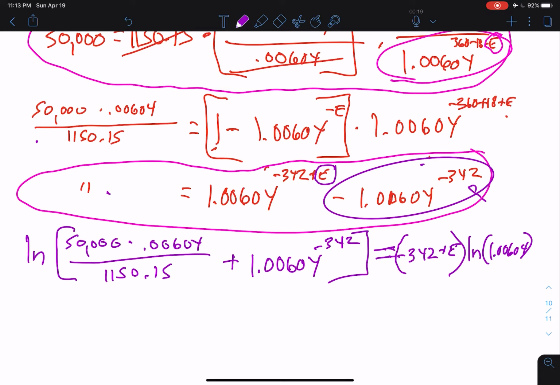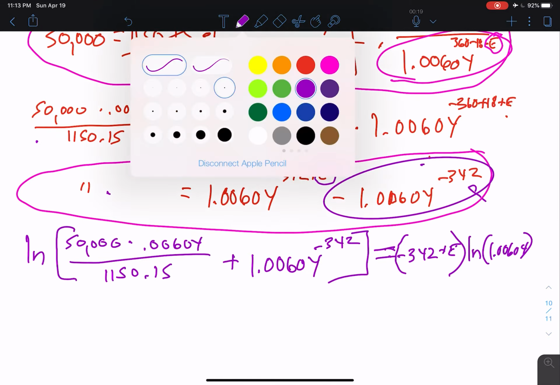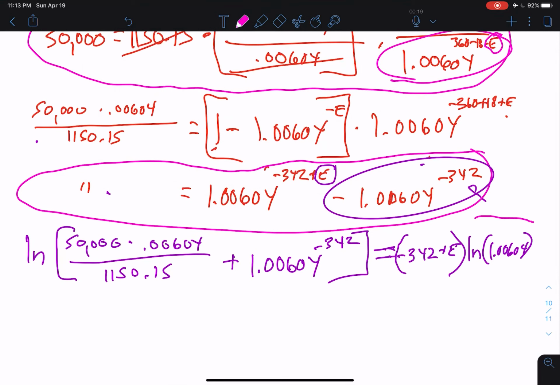Okay, there we go. So this is our equation, and we can solve this for E pretty easily. All we have to do is divide both sides by the natural log of 1.00604 and add 342 to both sides.